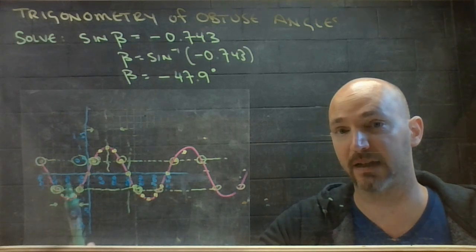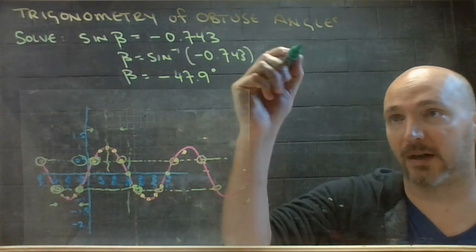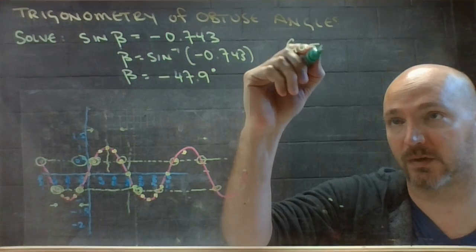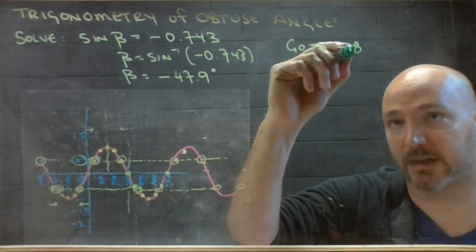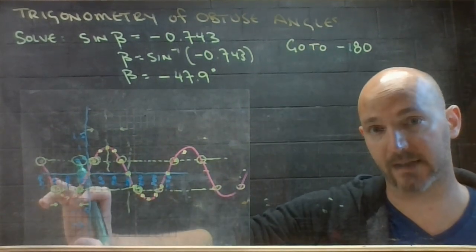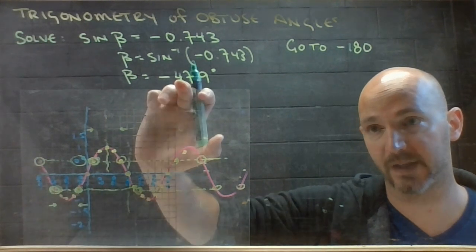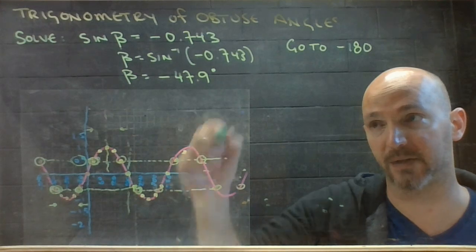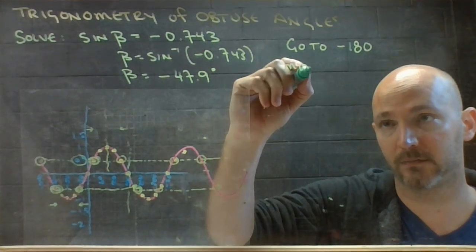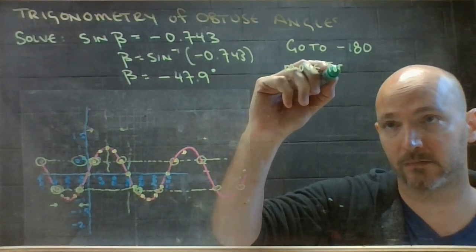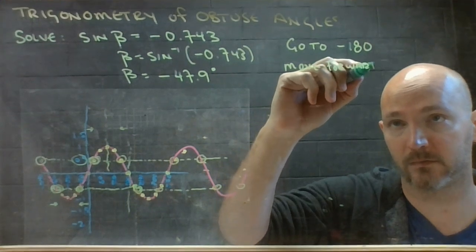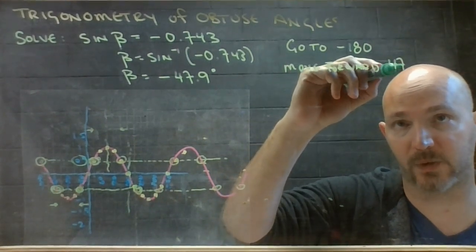So to get this solution, I would have to go to negative 180 to get to the back side of the lobe. And then I have to move forwards this much because of the symmetry. Forward 47.9 degrees.